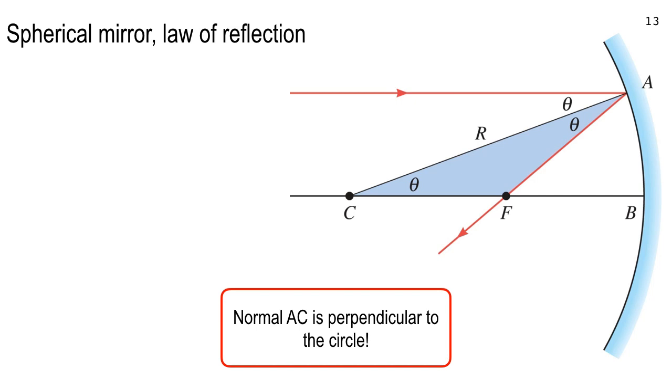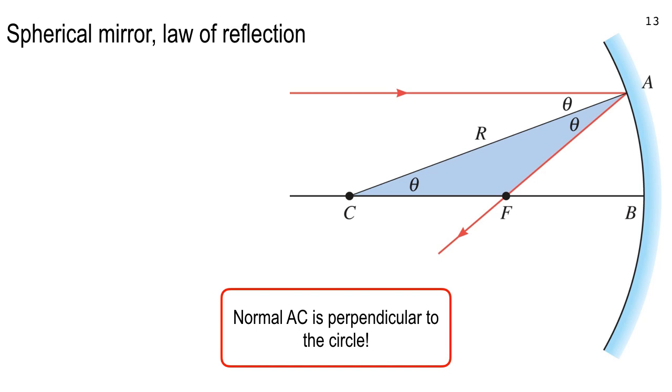Now that's a design parameter. Sir Isaac Newton could easily say, I want a radius of 1.267 inches, and then he could grind his mirror to that radius. And it will focus light.